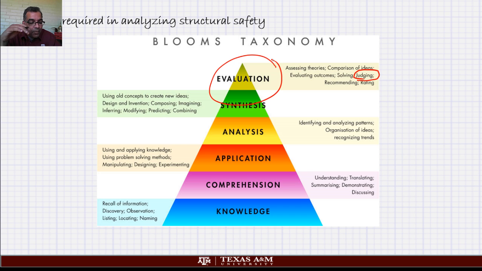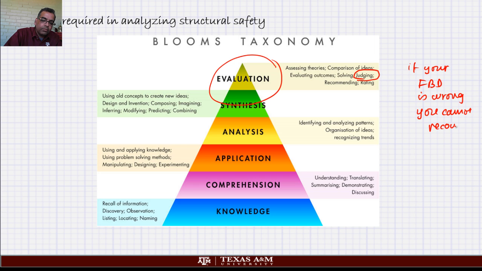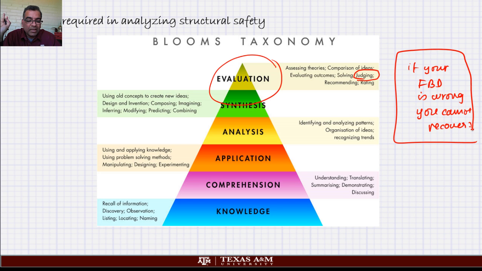Because it's actually fairly difficult, we usually make mistakes when we do this. And the problem with free body diagrams is that if your FBD is wrong, you cannot recover. You are really dead. It will kill everything else. So that's why paying attention to and drawing free body diagrams is important.